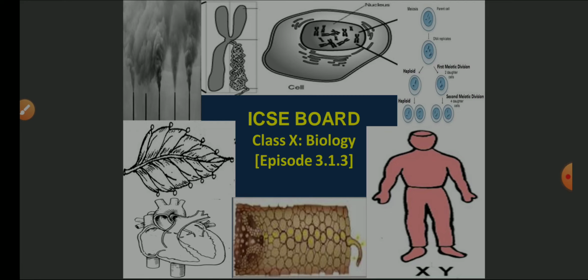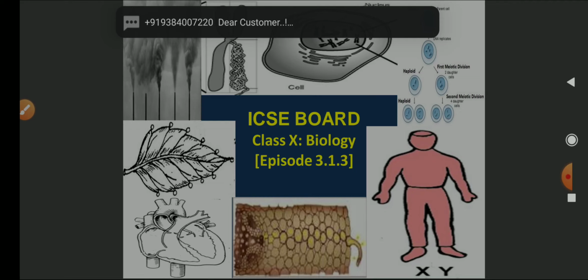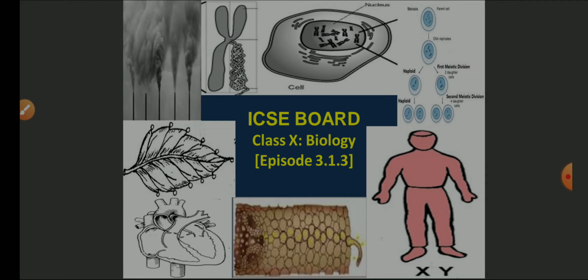We have seen the diagram of the external structure of the heart, and here we are going to talk about it once again, as well as see the internal structure of the heart.